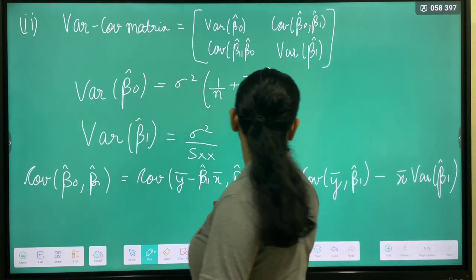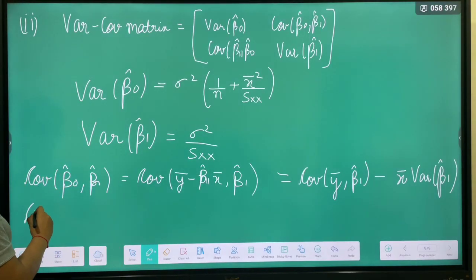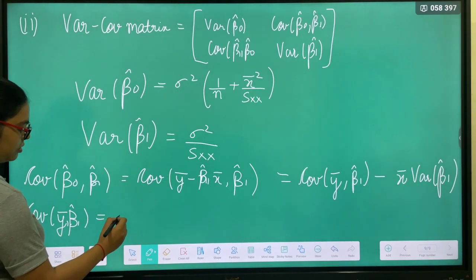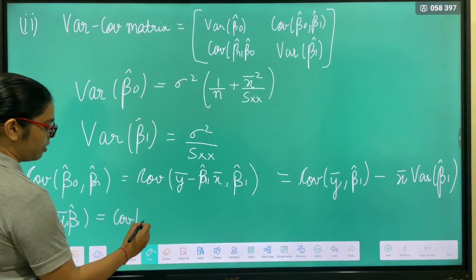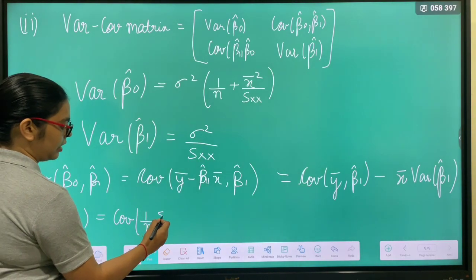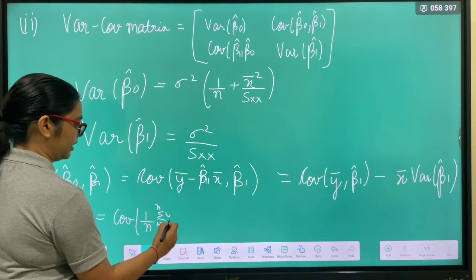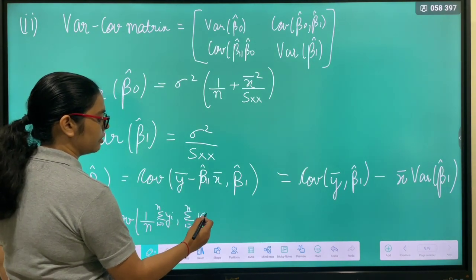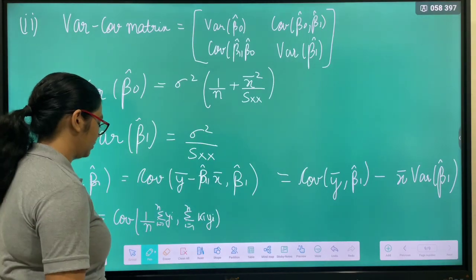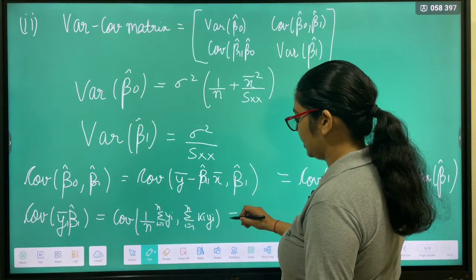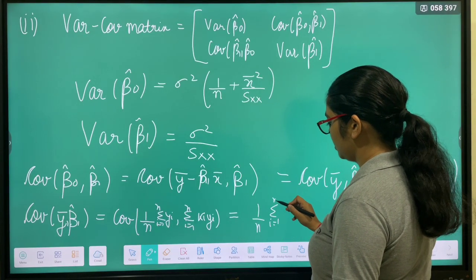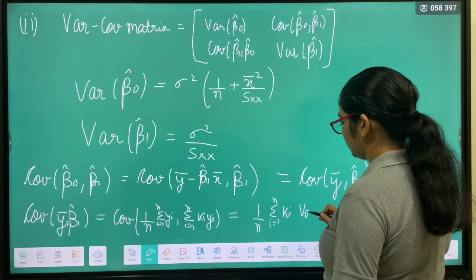Now here covariance of y bar and beta 1 cap is covariance of 1 upon n summation i goes from 1 to n yi, summation i goes from 1 to n ki yi. Taking common terms outside, we will get 1 upon n summation i goes from 1 to n ki into variance of yi.